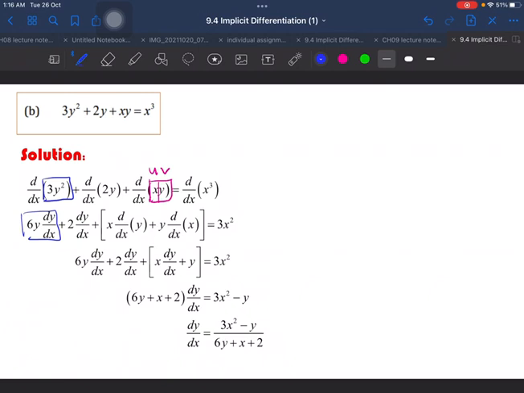Okay, next, to differentiate the second term, we have d over dx of 2y, and the answer is 2 dy over dx.